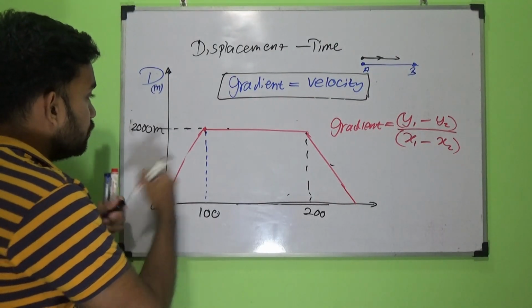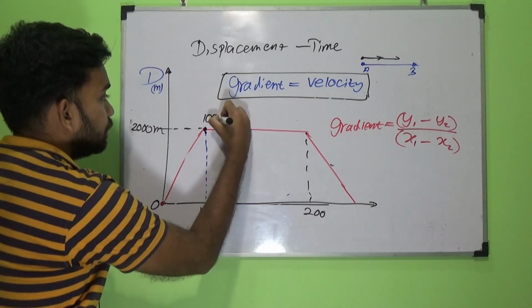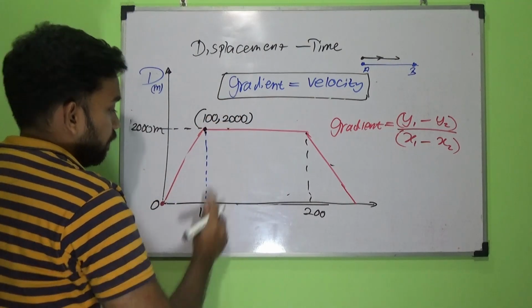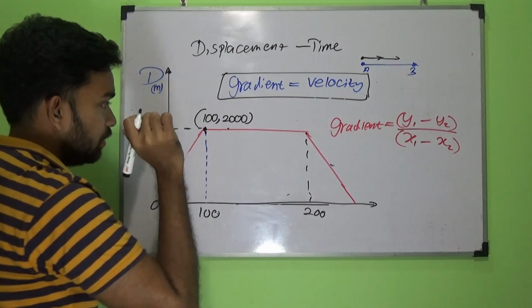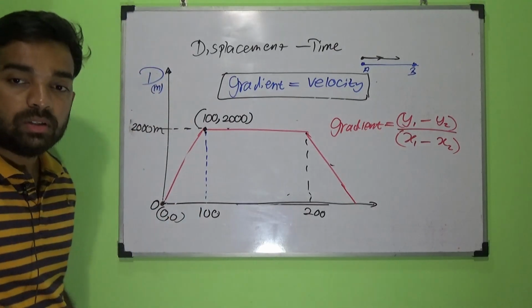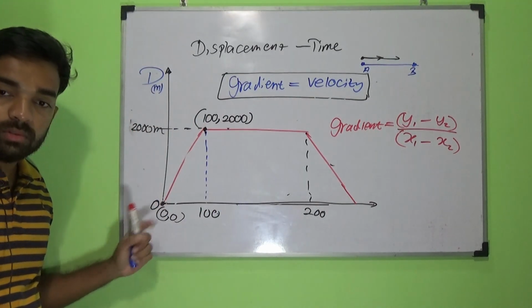Let's take these two coordinates: 100, 2000 and 0, 0.